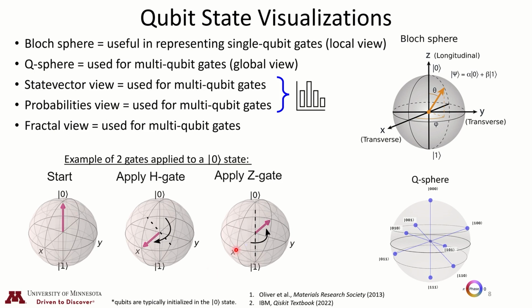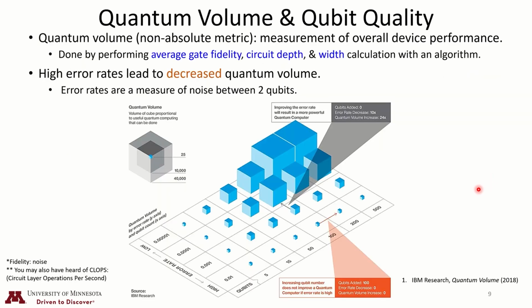So if it's here in the x direction, then when you apply the phase flip gate, it flips to the other side. So that's what's happening here: two different qubit gates have been applied to the initialized 0 state. That's just a basic introduction to what you can do with qubits, represented mathematically, of course.